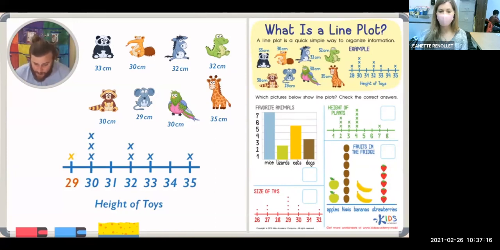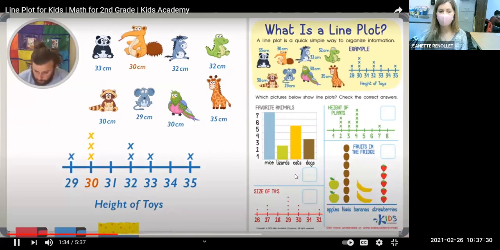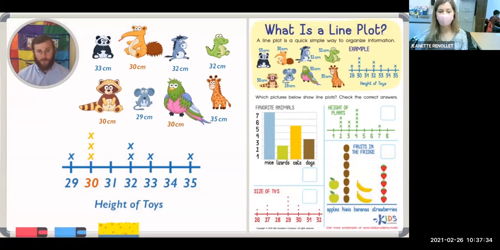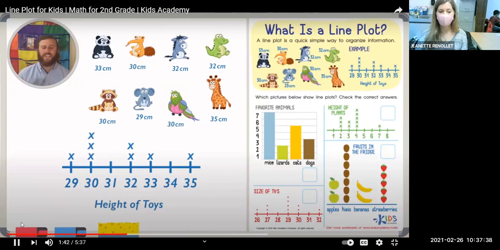And that is true, because if you look at the animals, you can see that the mouse is 29 centimeters tall. If you look at the line plot, you'll also see that there are 3 animals that are 30 centimeters tall. Those animals are 1, 2, and 3. Those 3 animals are represented by these 3 X's. So I hope you can begin to see that a line plot is really just a nice, easy way to organize information.